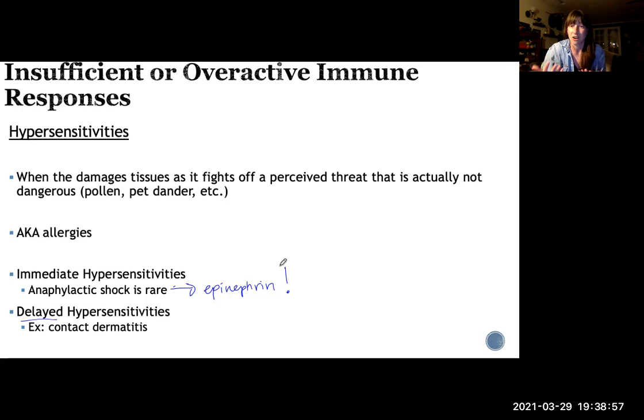You may not even notice it at all. But the second time around and thereafter, once you have antibodies for that thing, whatever it is, the response is going to be fast in the case of an immediate hypersensitivity and very, very strong. Okay. All right. And that's it.